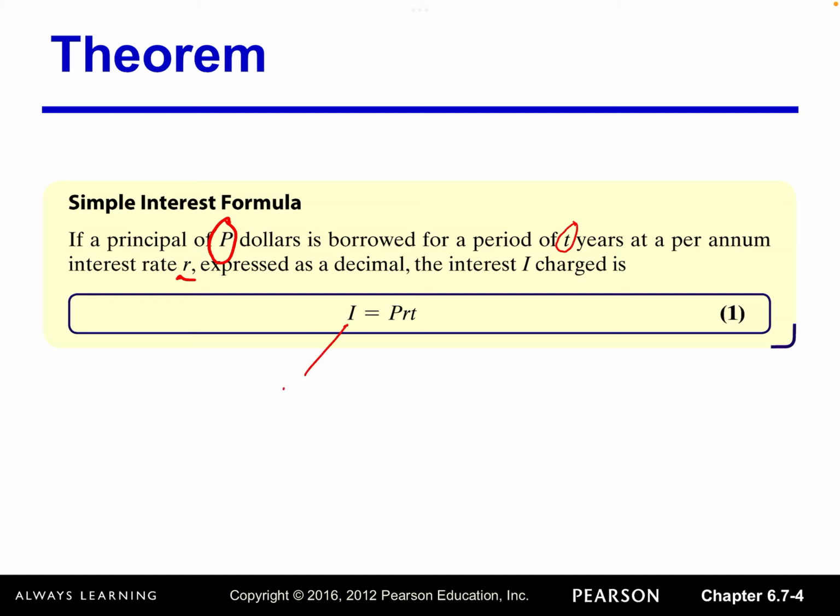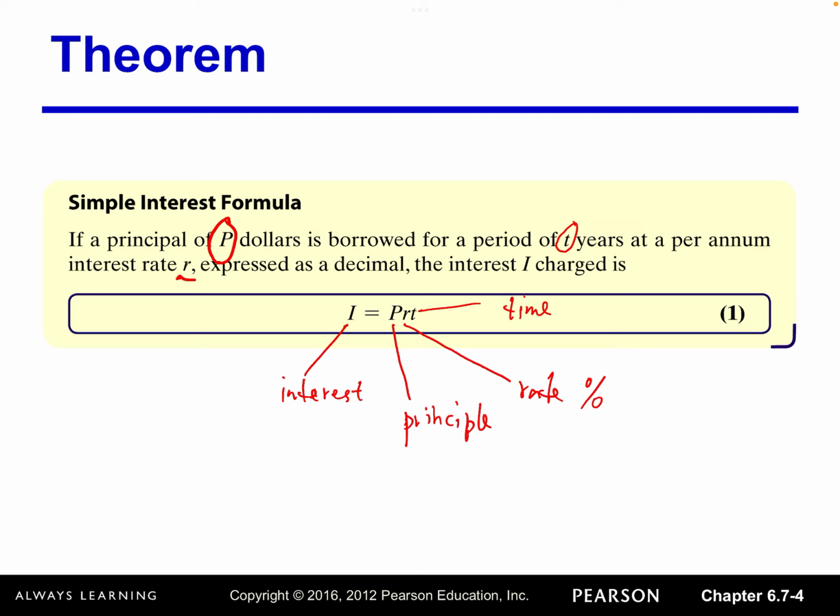Again, I represents the interest earned for the investment. P represents the principal, which is the initial money you deposit in the investment account, and R represents the interest rate, that's normally a percent number, and T is the time of your investment.